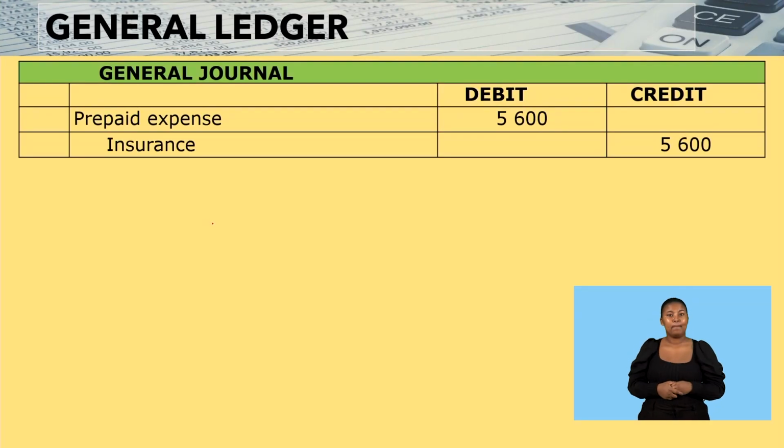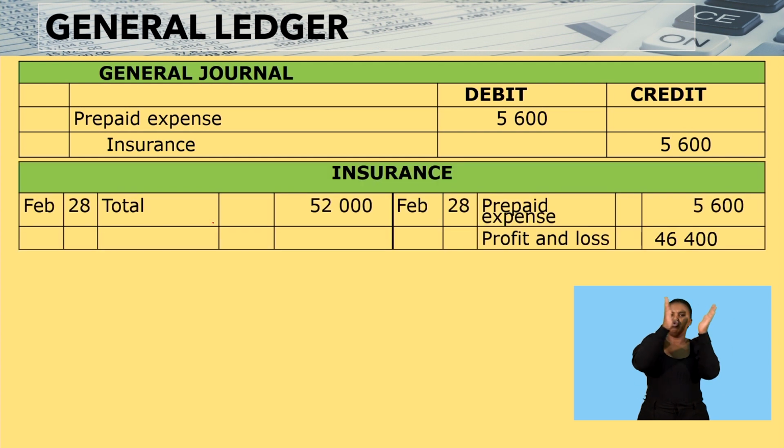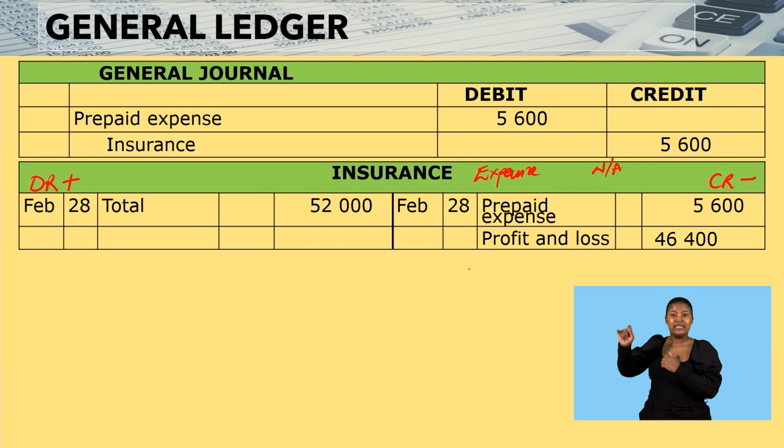Once you are completed with the general journal, we should consider how to do the general ledger. Remember, insurance is an expense account, therefore you find it in your nominal account section. Being an expense, it increases on the debit and decreases on the credit.